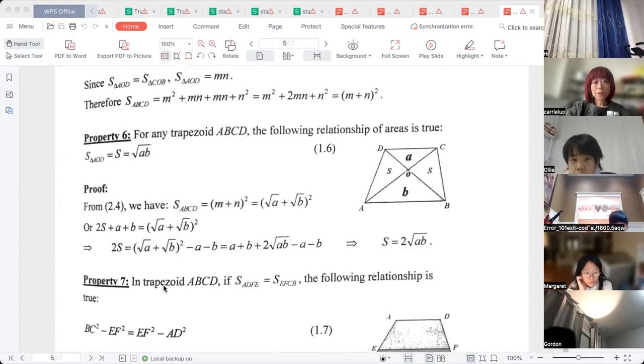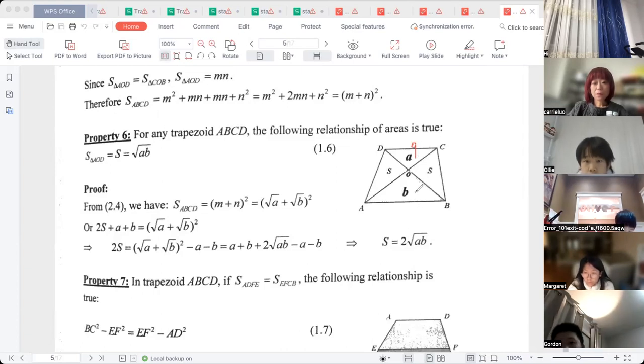Okay, so let's take a look at property 6. For any trapezoid ABCD, the following relationship is true, okay? So if we have the area of OCD equals A and the area of OAB equals B, then the area of SOAD, 像旁边两个小翅膀一样的，OK？小翅膀的这两个 area is equal to the square root of A times B. For instance，如果老师跟你说啊，this one equals 9, okay?